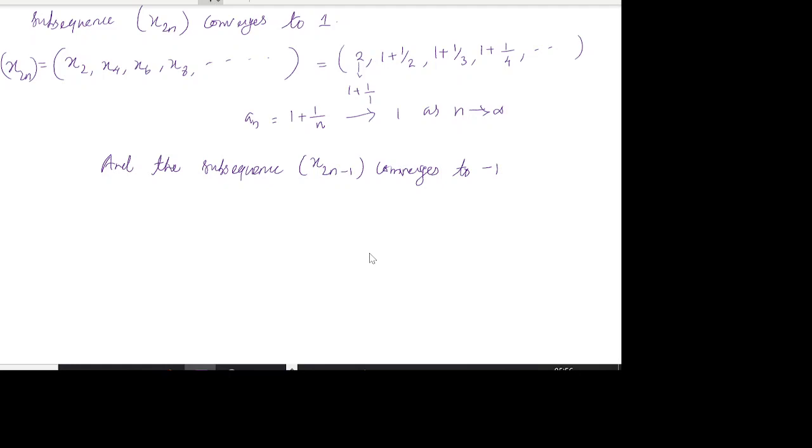So x2n minus 1 means you will get -1 plus 1 by 1, -1 plus 1 by 2, -1 plus 1 by 3, -1 plus 1 by 4, etc. So you can easily check that this subsequence converges to -1.